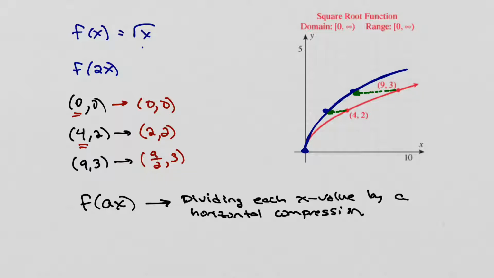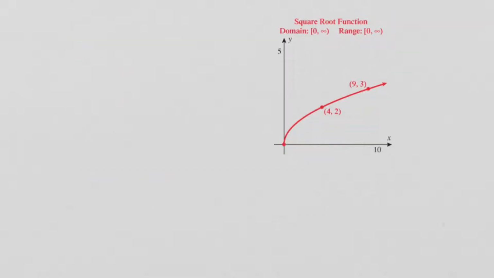Okay. So what do you think is going to happen if we multiply on the inside by a number between 0 and 1? Let's take a quick look. In this case, what if I had f of x equals the square root of x, and I want f of 1/3 x. Well, remember, the process is still going to be the same. I'm still going to divide every x value by that number, in this case 1/3.